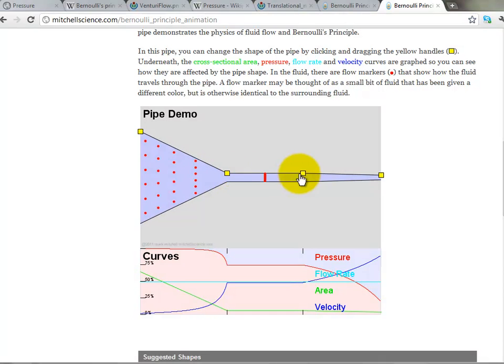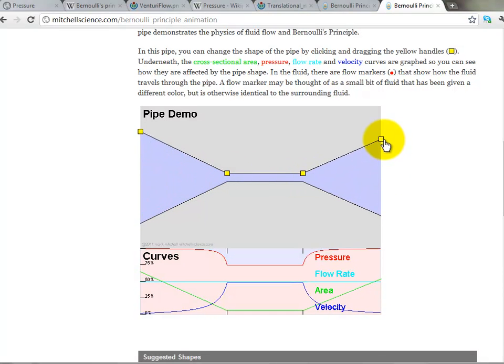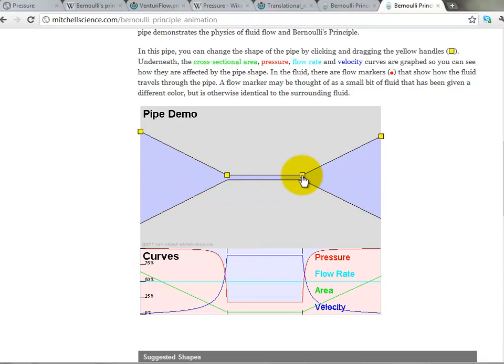So in a Venturi tube or a carburetor, for example, where you've got minimal area, the flow speed increases, the pressure drops to a minimum, the velocity is higher, and you can see the area is dropping linearly.